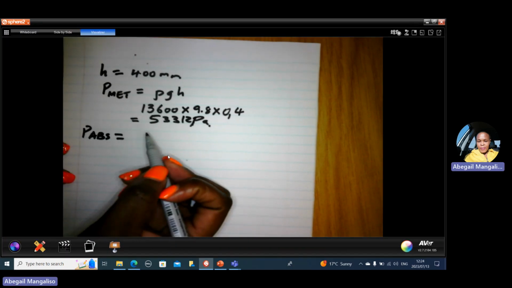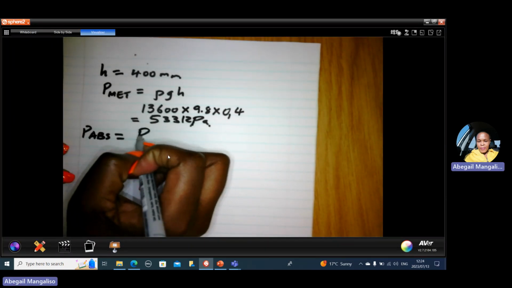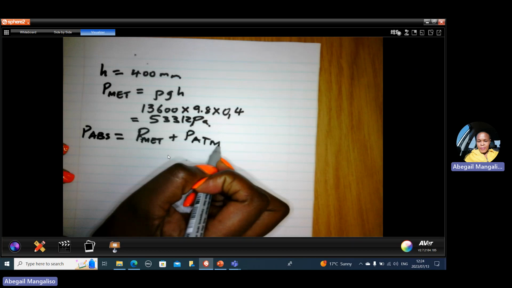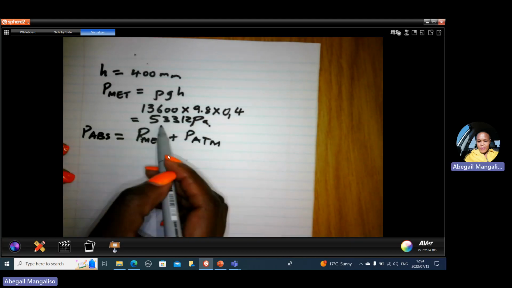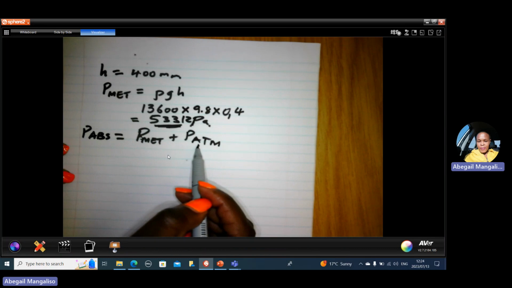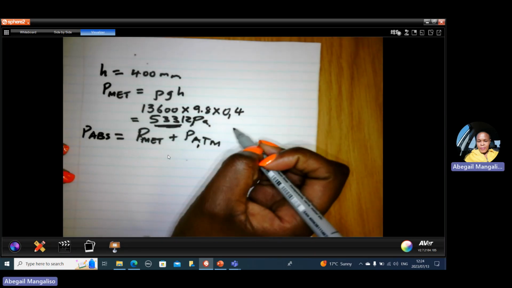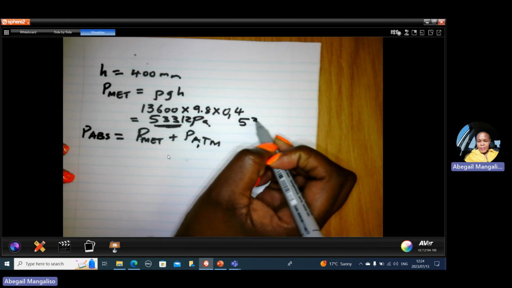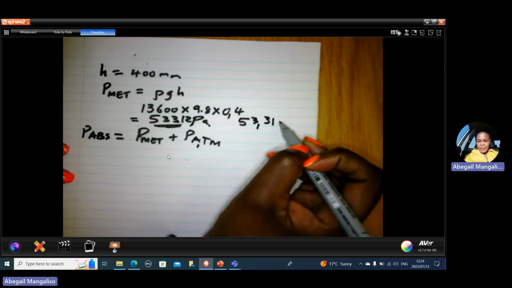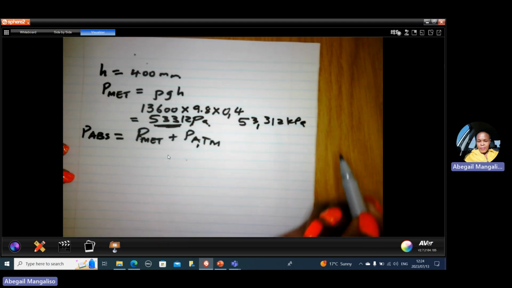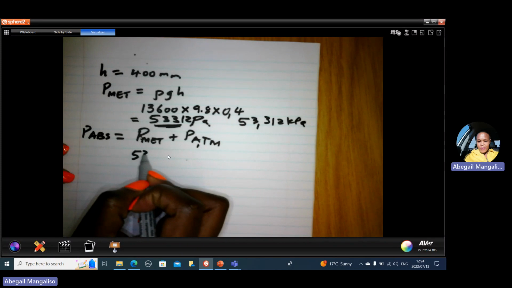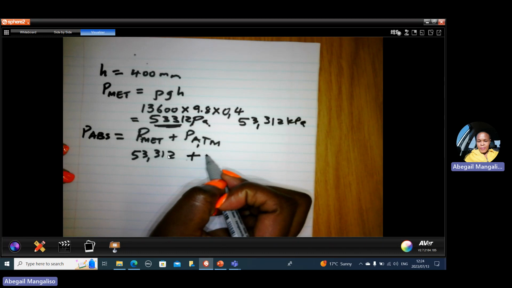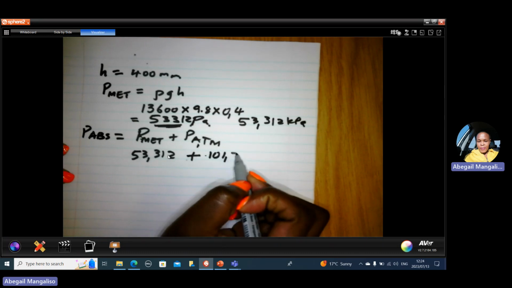Now it says calculate the P absolute in kilopascals. So the formula for absolute pressure is P gauge plus P atmospheric. So this must be in kilopascals because the atmospheric pressure is in kilopascals. When you change it to kilopascals, you divide by 1,000, this will be 53.312 kilopascals. So you just substitute 53.312 plus the atmospheric pressure, which is 101.3.